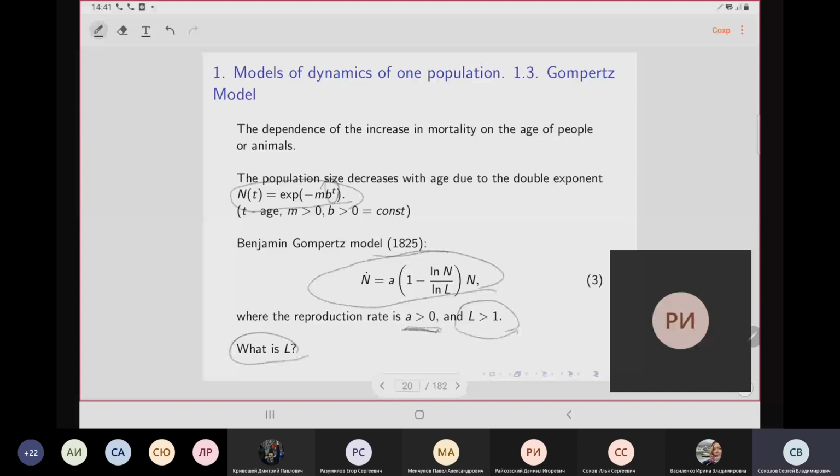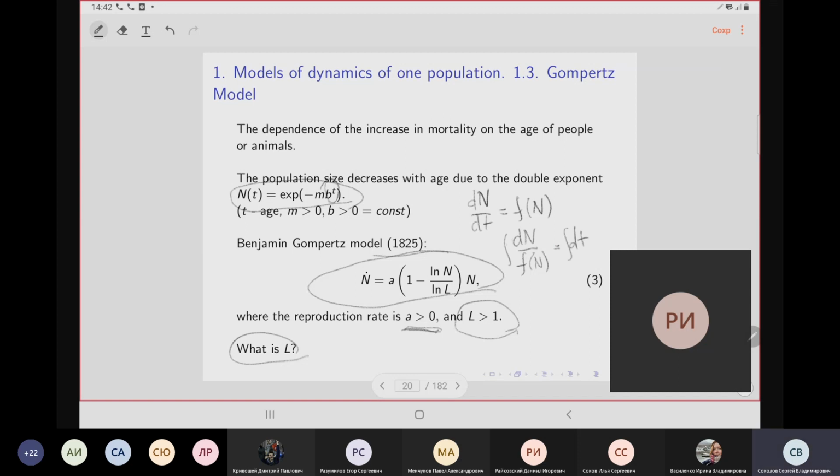Okay, I see we have to refresh our memories about differential equations. If we have an equation dn by dt equal to some function of n, we can multiply by dt and divide by f of n. We can write down the equation with separated variables, and we can integrate it.